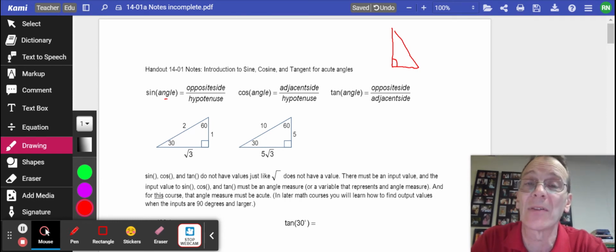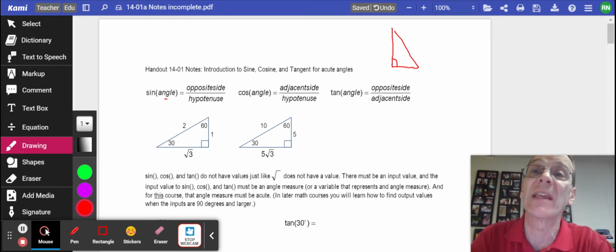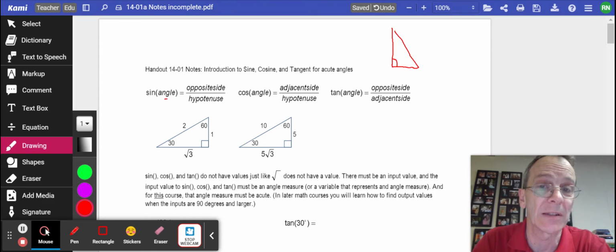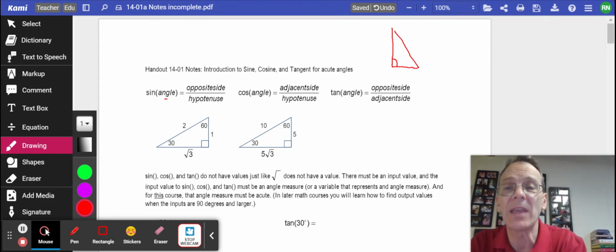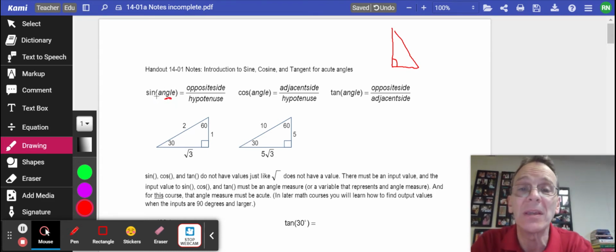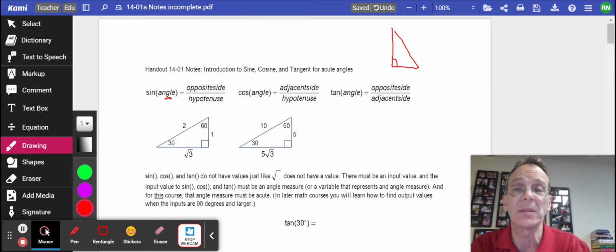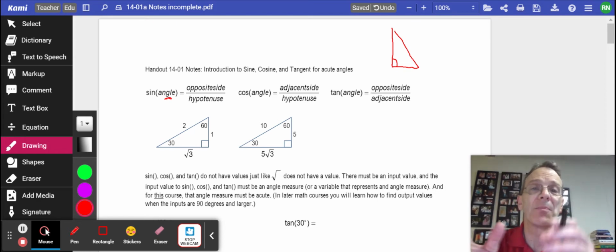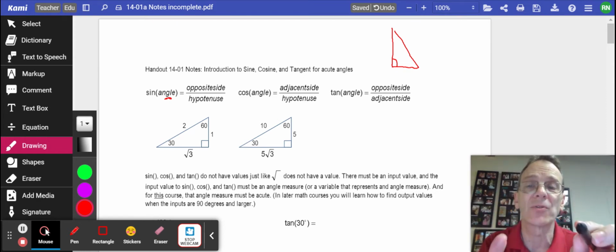You can't have an angle that's larger than 90 degrees fitting into a triangle that already has a 90-degree angle in it. And so these angles must be acute angles. I'll say more about that again in a little bit. Okay, so imagine this acute angle as part of a right triangle.